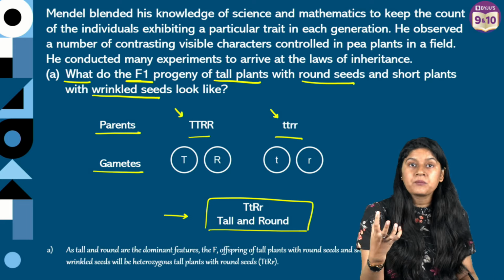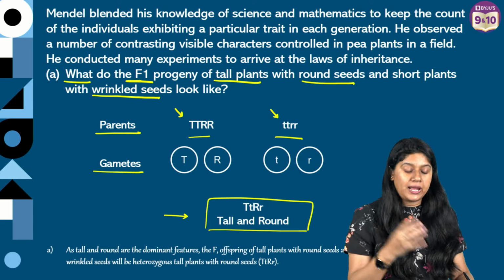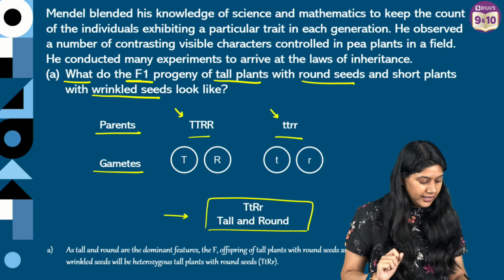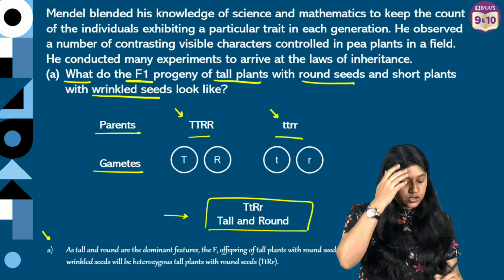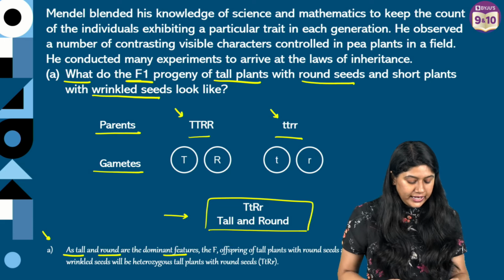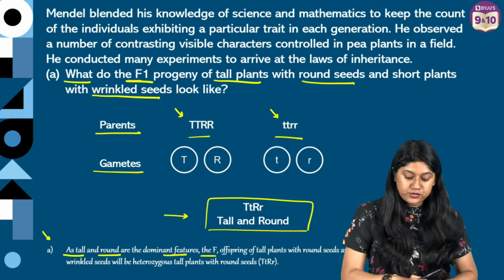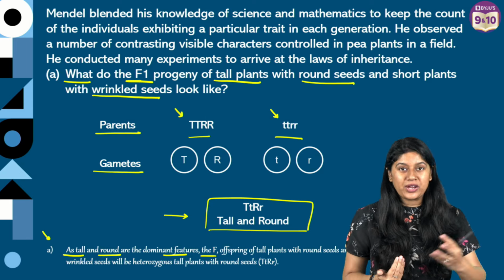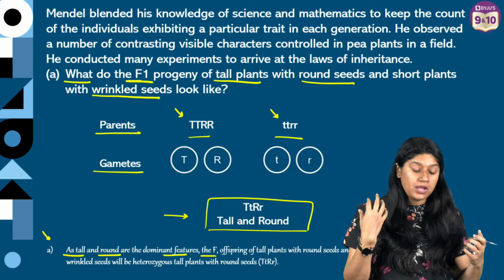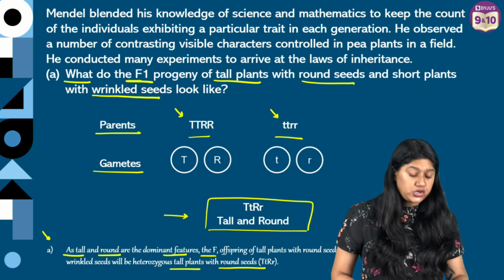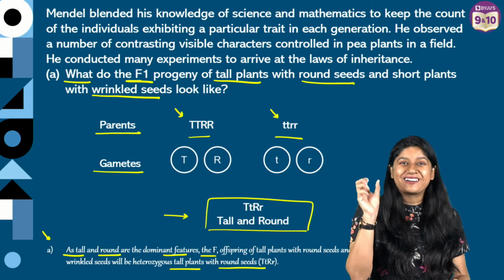If you take a look at the characteristic features in the phenotype, we can clearly say that the plant is tall and round. So the answer is that tall and round are dominating. In the F1 generation, offspring will have the characteristics of the dominating trait, so all plants are tall with round seed.